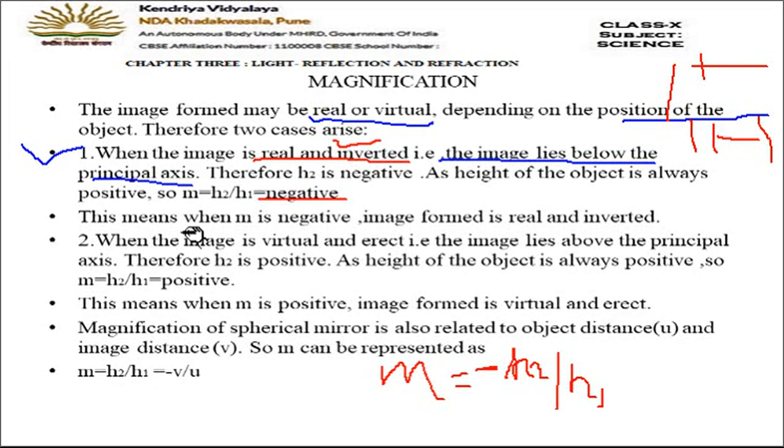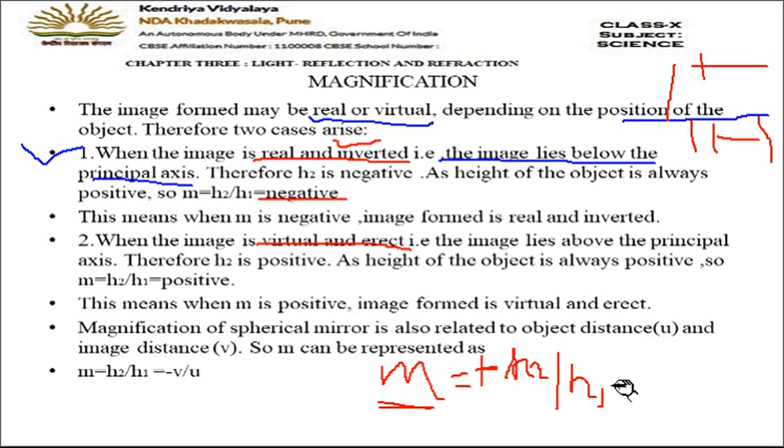Now the next case: when the image is virtual and erect. Erect means above the principal axis, so the sign used will be plus. In that case, if H2 is plus, that means it is erect. So M will also be positive. If this complete ratio is positive, the value of M will also be positive.